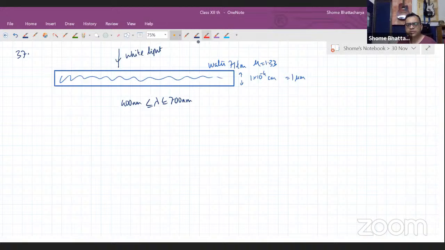So here what we mean by transmission we have to understand. So this is like a film of water which is suspended in air. So this is where the question becomes a little bit more interesting. There's air on either side, and we're talking about light which is transmitted through the water film.